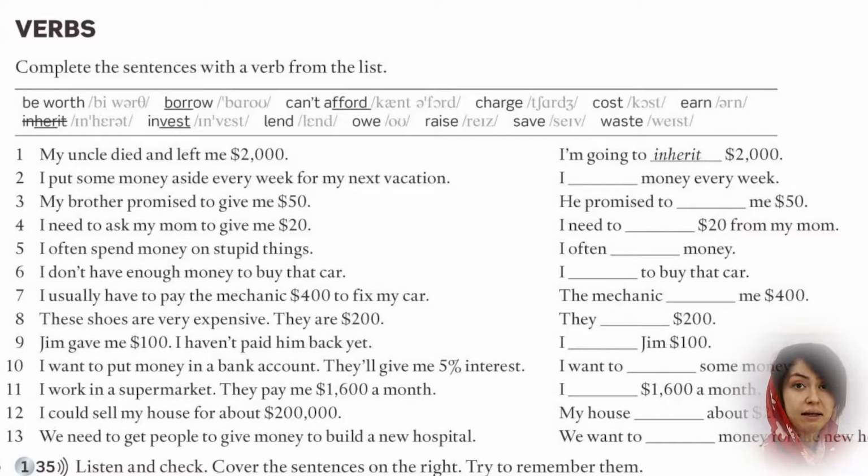Get the money as a loan. So this is borrow. Borrow money. Number 5, I often spend money on stupid things. On stupid, unnecessary things, okay? I often waste money.